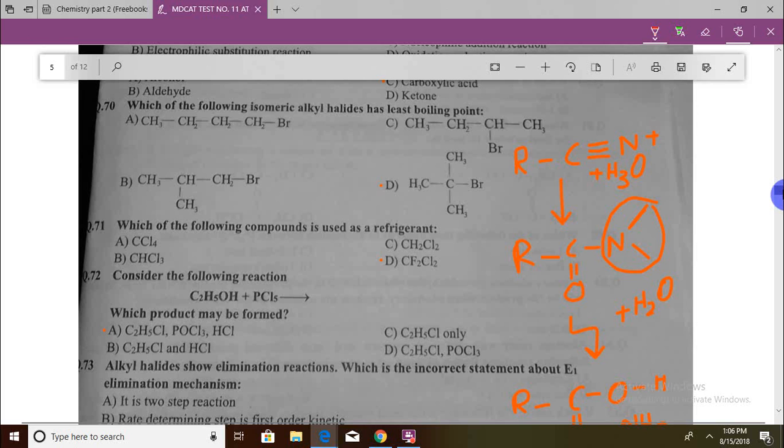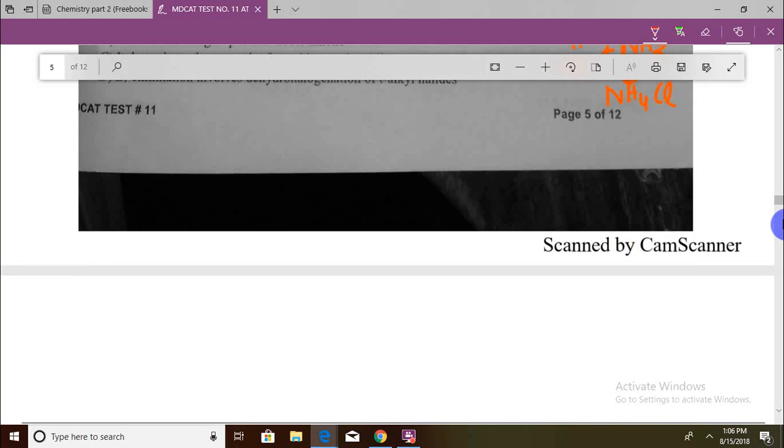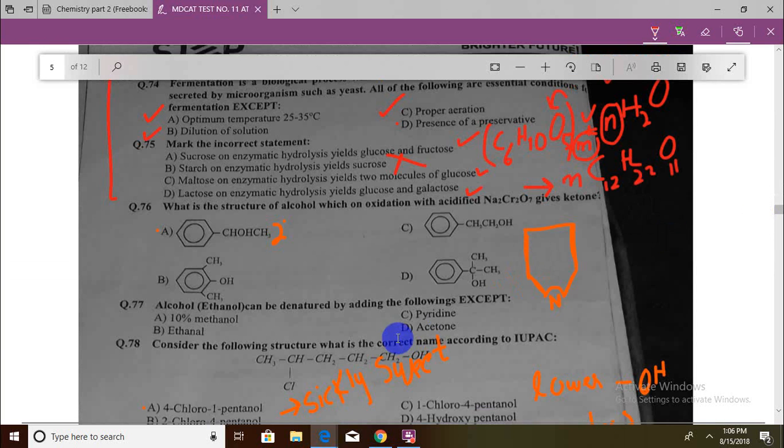And you may also add a small quantity of pyridine or acetone. So denaturation can be obtained in a couple of different ways. So pyridine is an option, acetone is an option for denaturation, 10% methanol is an option which will make methylated spirit, but ethanol is not an option.